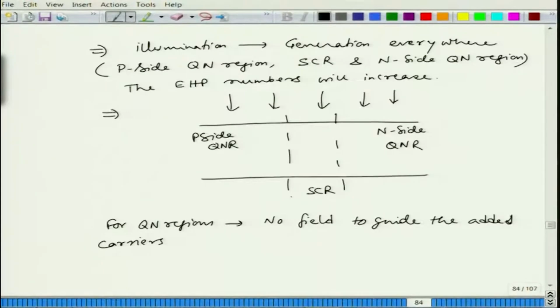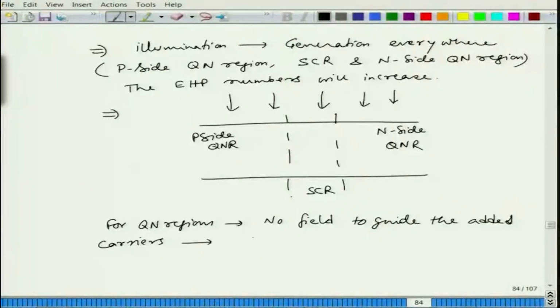So, what will happen? Think of it physically, close your eyes and think that these carriers will generate, and then each of them will get recombined after travelling a certain distance or after a certain time period, tau n, tau p. The generation will happen at the same rate, and recombination will happen at the same rate. So, effectively you will have an extra concentration of electrons and holes, but they are ineffective, they are not contributing to the overall current, because if you do not have a concentration gradient there will be no diffusion current.